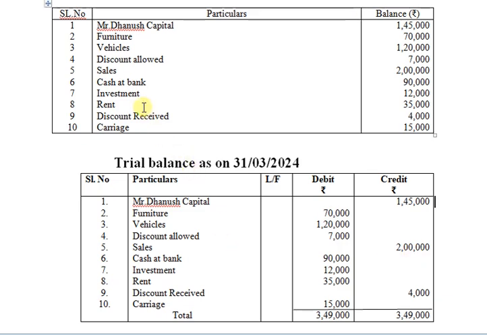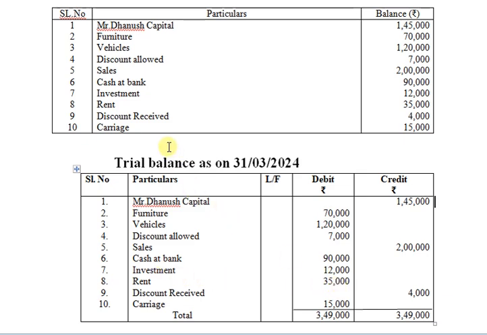Cash at bank is a current asset, amount 90,000, so debit balance. Investment is an asset, 12,000, so it should be taken under the debit column.